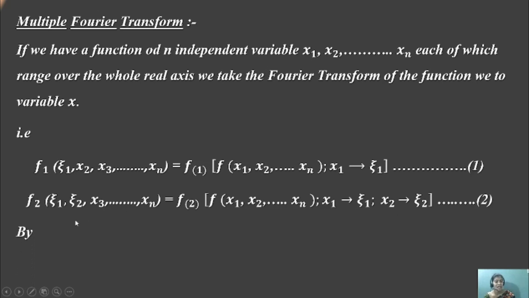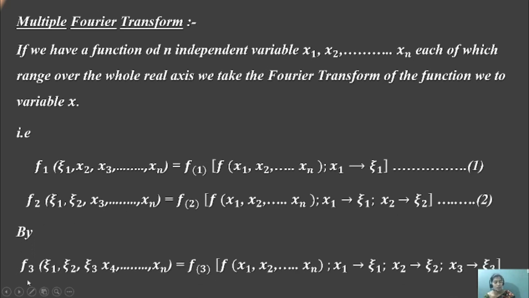Similarly for x3, the Fourier transform in x3, with the xi value generated as xi3 and the remaining values up to xn, equals a function f3 of x1, x2 to xn, with x1 tends to xi1, x2 tends to xi2, x3 tends to xi3. Both of these functions are f1, f2 and f3. What is the form that will be generated?